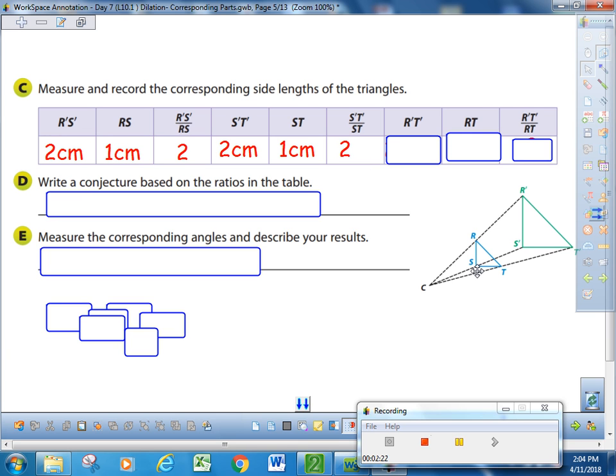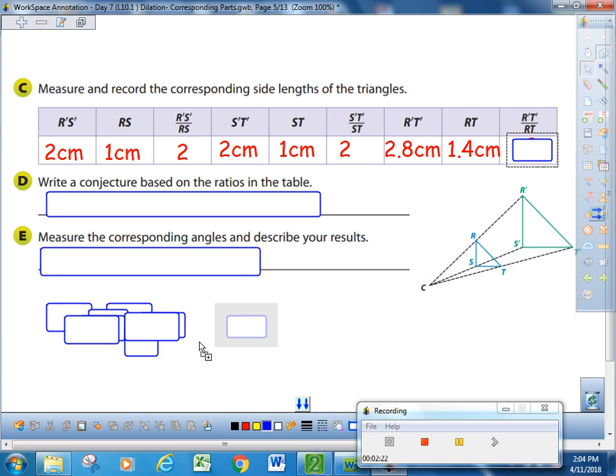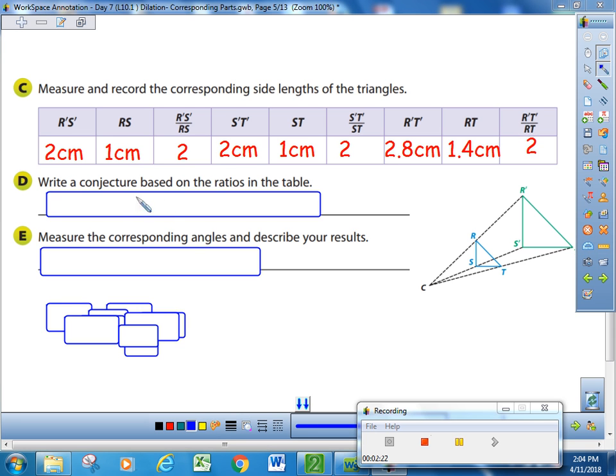The last one is RT and RT prime. So we measure them, 2.8 and 1.4. If I put 2.8 over 1.4, it becomes 2. And that 2 is my scale factor, and I call that K. That's the abbreviation for scale factor. And so my K will equal 2.